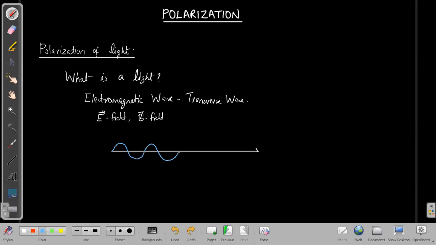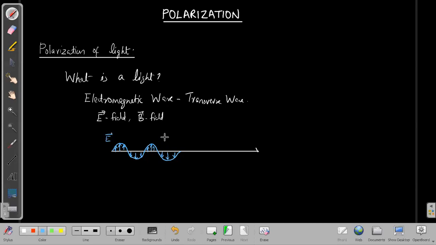I have just drawn the boundary of the electric field first, and thereafter I have drawn the electric field vectors inside it for more clarity. Suppose this is the oscillation of the electric field.